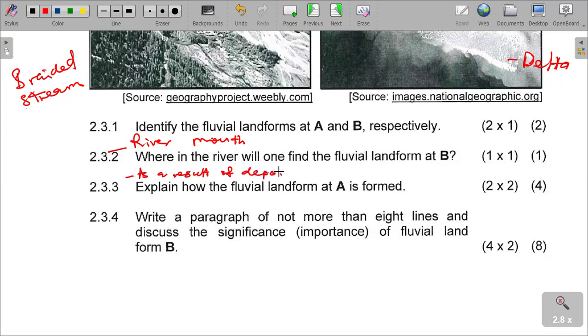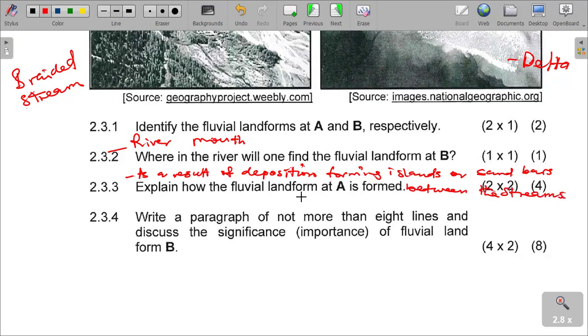They are formed as a result of deposition, forming islands or bars between the channels, or sandbars between the streams.